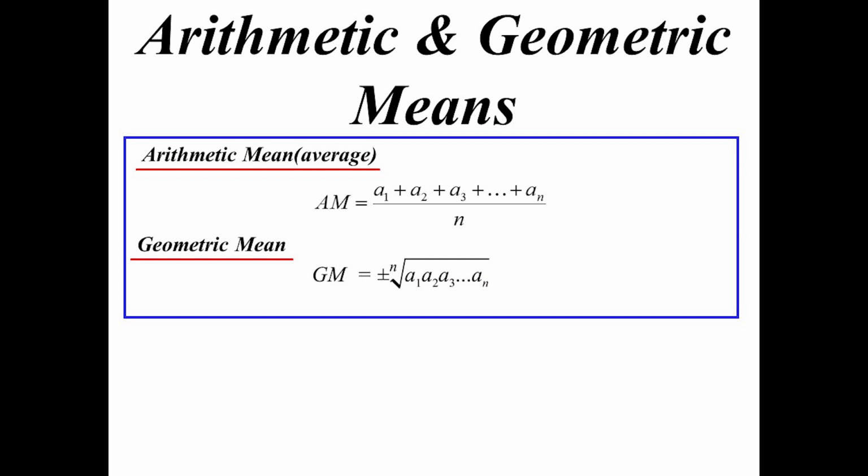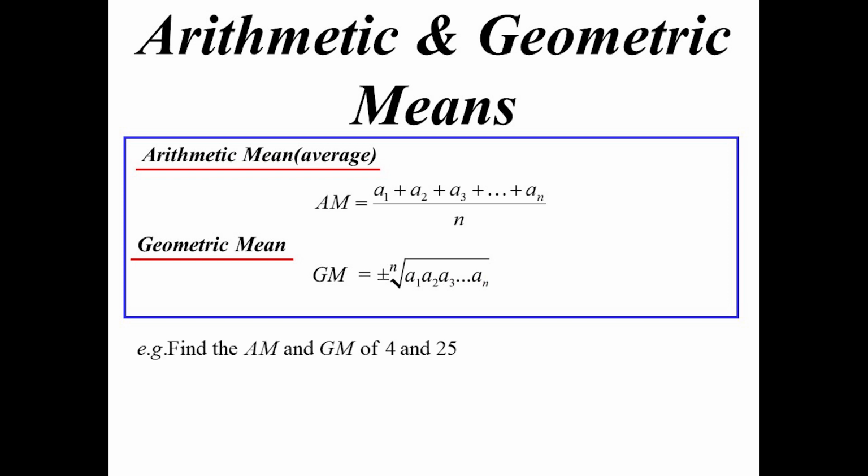Geometric mean is for geometric sequences, and that's where you multiply them all together and find the nth root. I've put plus or minus there because if it was an even root, then just like we saw with the other one, you don't know, is it positive, is it negative? Odd ones will always be positive, of course, or always negative, depending on the numbers.